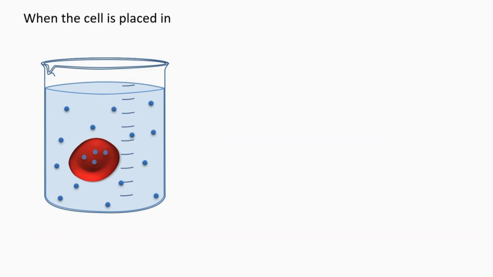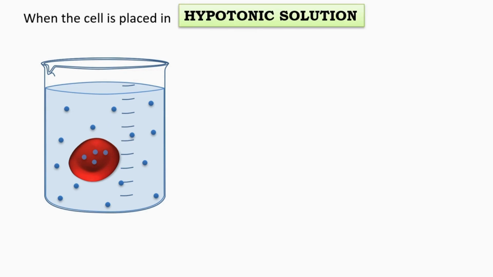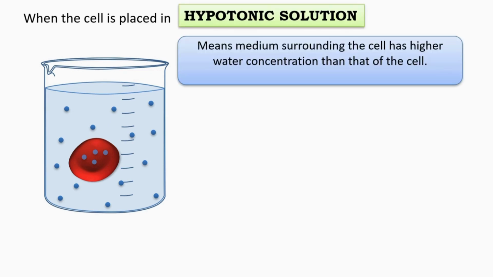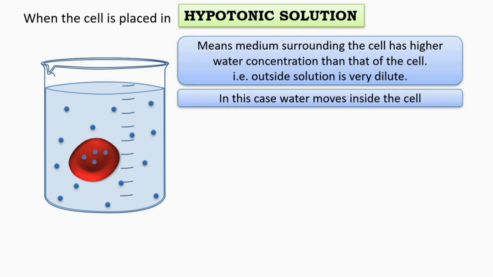When the cell is placed in hypotonic solution, means medium surrounding the cell has higher water concentration than that of the cell, that is outside solution is very dilute. In this case, water moves inside the cell.